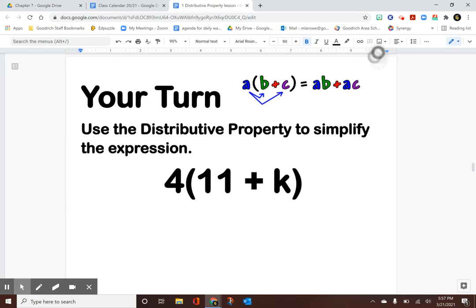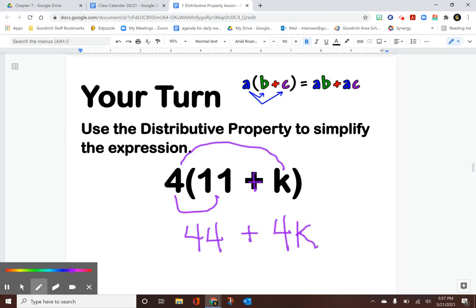You try to simplify this expression using the distributive property. So you should have done 4 times 11, and that's a 44, plus 4 groups of k, which just looks like 4 times k. 44 is a constant, and 4 times k has a variable attached to that term.